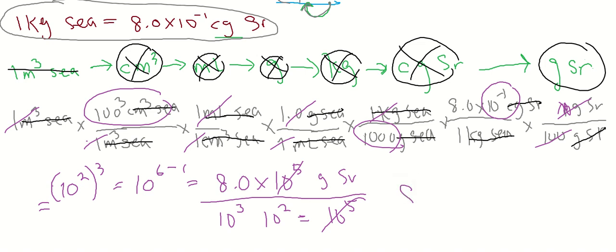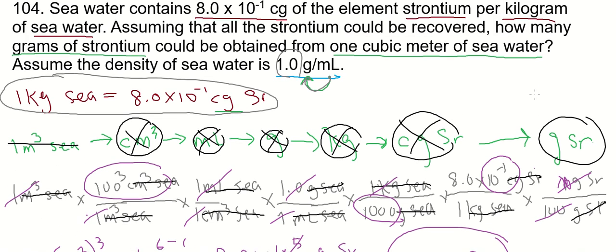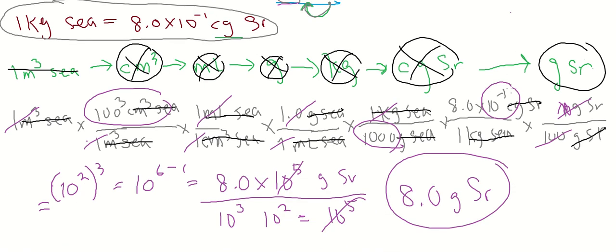The answer is just 8.0 grams of strontium. Let's check our sig figs. All we did was multiply and divide, so it's going to be the same as the 1 cubic meter. We're going to say that's a perfect cube. So 2 sig figs. We'll just go with 2 sig figs there.